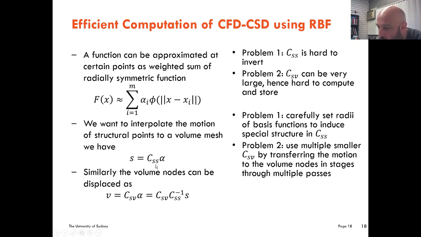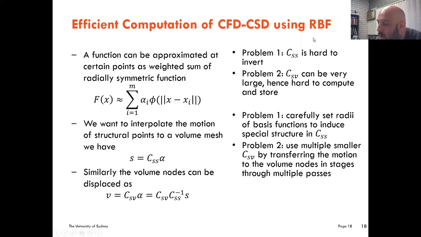So your CSS matrix can be pre-calculated before the start of the solution, and the same can be done for the volume nodes. So during the deformation, you can deform the mesh for free from this computation, and it becomes a simple least squares solution.